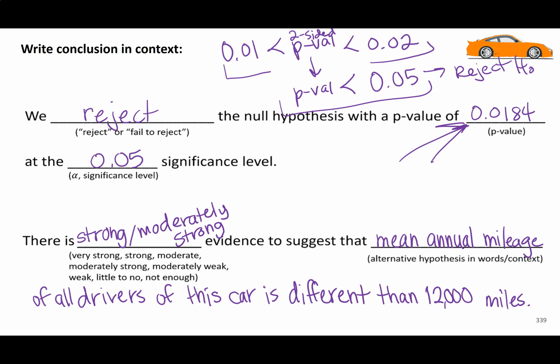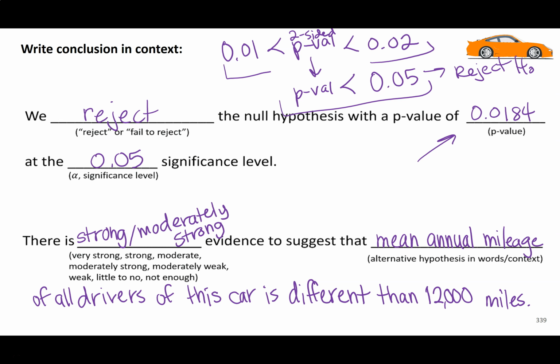And so what this p-value is getting at, it's saying, hey, if the null were true and the mean annual mileage of all drivers for this car really is 12,000 miles per year, what we observed in our sample, or more extreme, like further away from 12,000 than the 9,467.7 miles that we saw, that would only happen about 0.0184 of the time if the null were true.